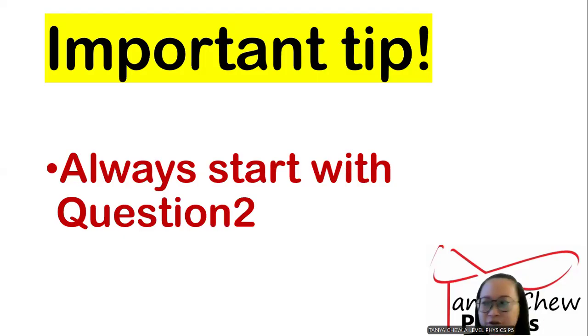So first thing, you get your paper 5, go to question number 2, ignore question number 1, and spend only about 20 to 25 minutes answering question number 2. Answer as accurately as possible with no mistake, because if a mistake occurs, you have to erase everything. That would be very messy. We don't want that to occur. Stay calm. Once you have answered question number 2, use the rest of the time for planning the experiment.